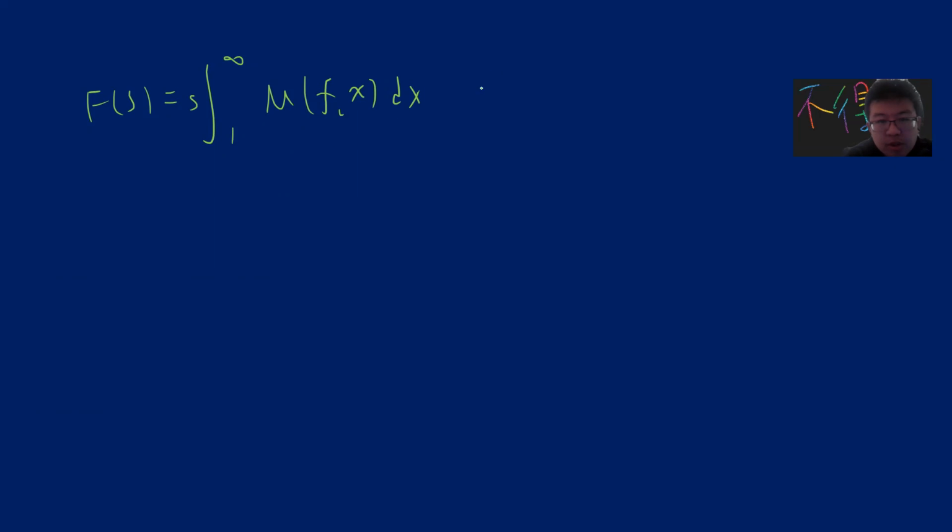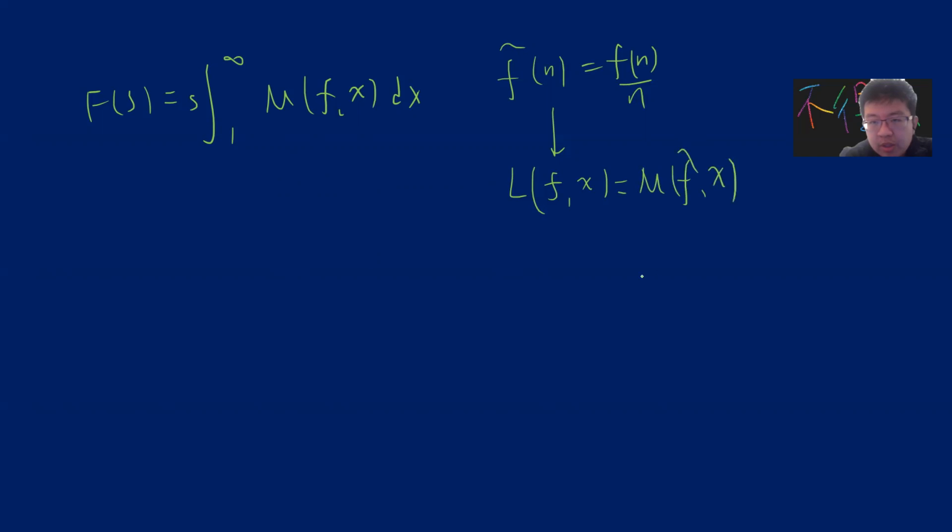In this case, if you define f tilde of n to be f of n divided by n, then you start from here: L_f(x) will be, by definition, M_f tilde(x), and you use the first formula.